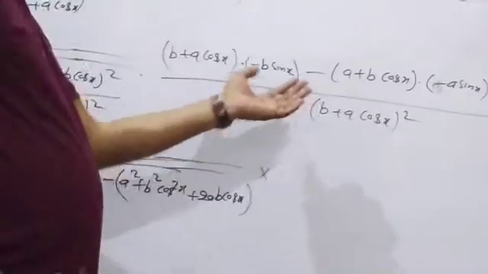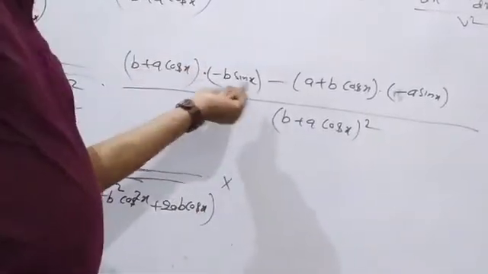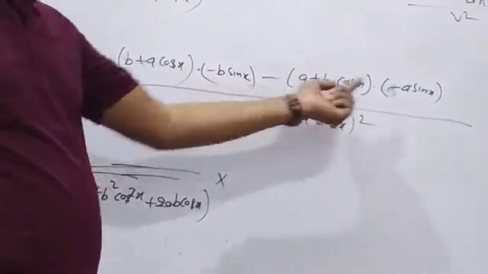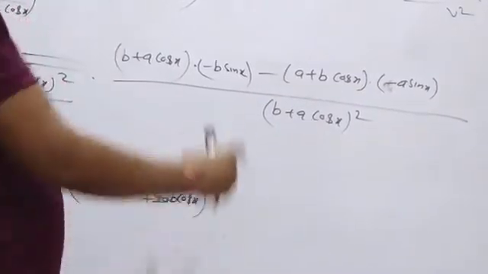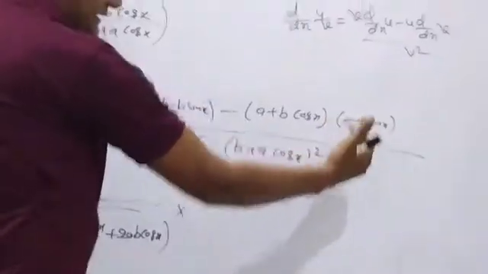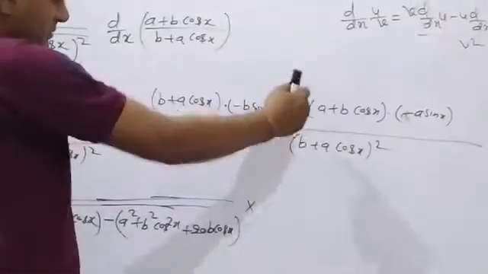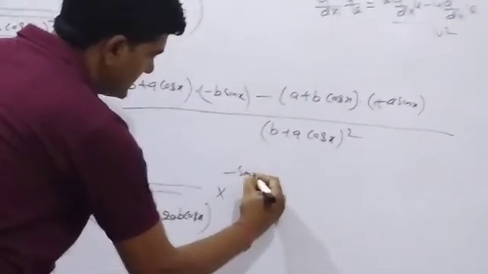Into, now see very carefully here in the numerator, minus b sin x minus a sin x. Minus sin x we can take common from the numerator. Minus sin x common.